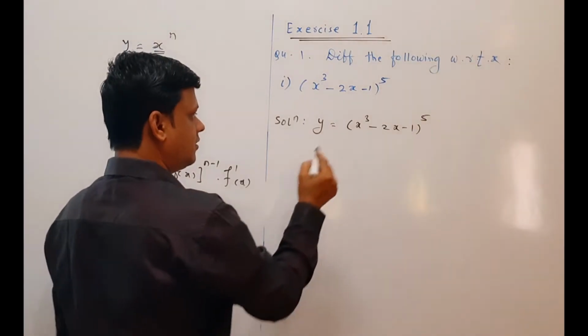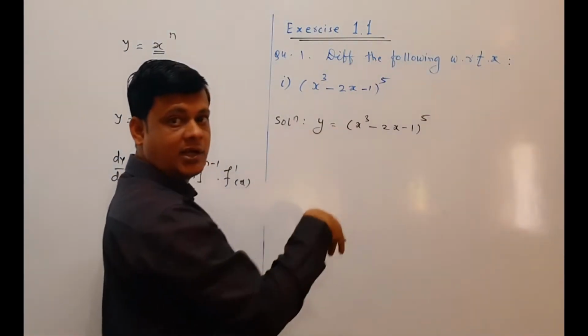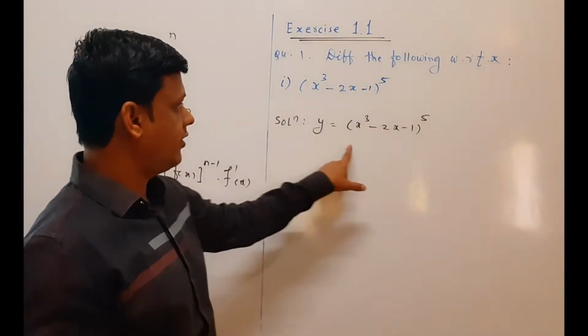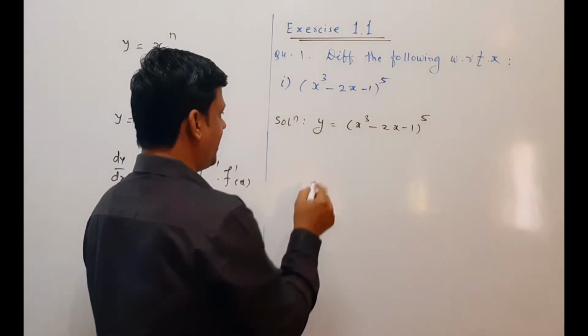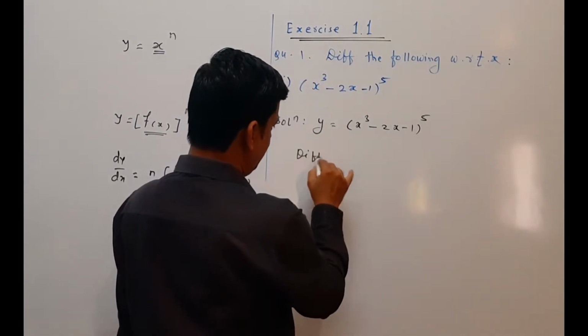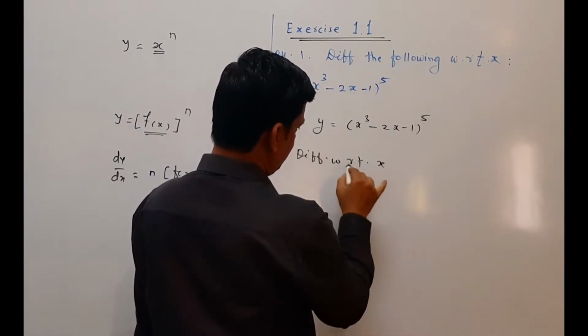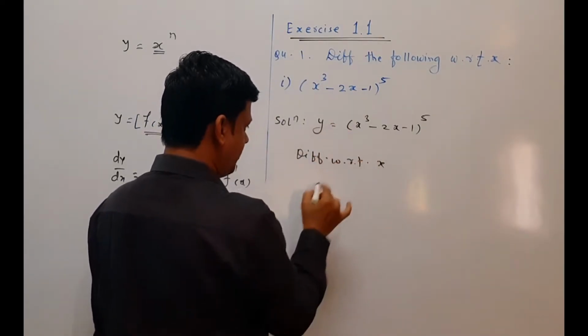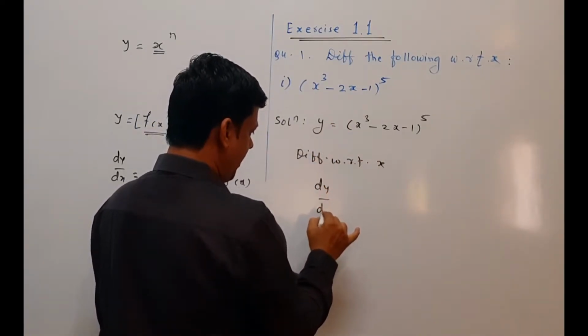That means first we write the power in multiplication, we reduce the power of the bracket, and then find the derivative of this bracket. So we write here differentiate with respect to x. This is short form. Therefore the derivative of y is dy by dx.